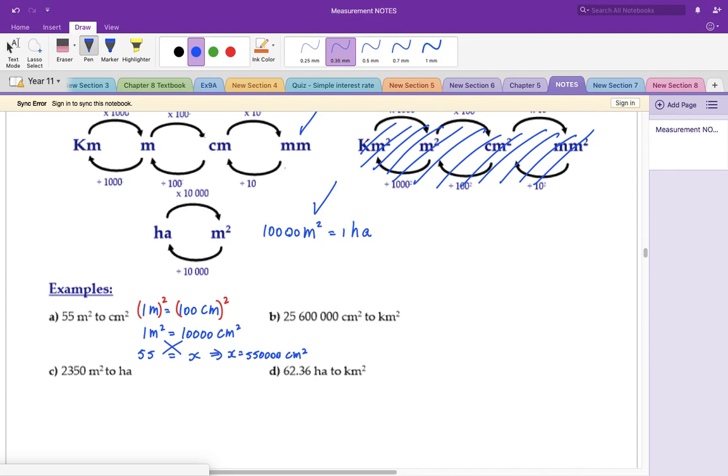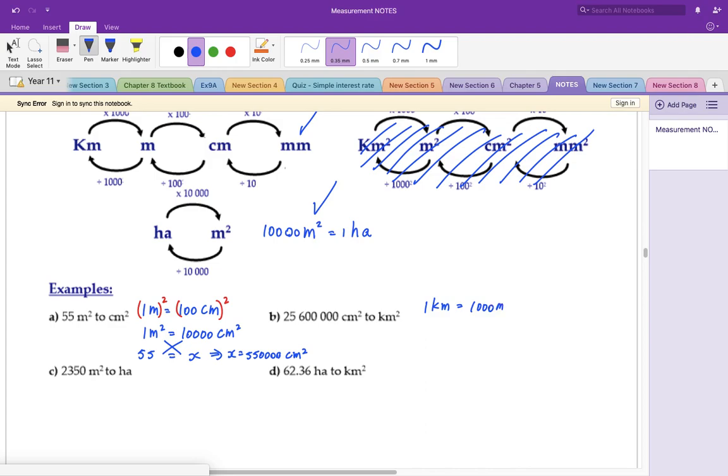Alright, next one. This many centimeters squared to kilometers squared. First you need to know 1 kilometer is equal to 1,000 meters, and then from meters we go to centimeters, right?